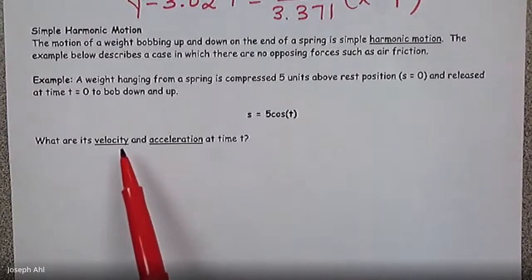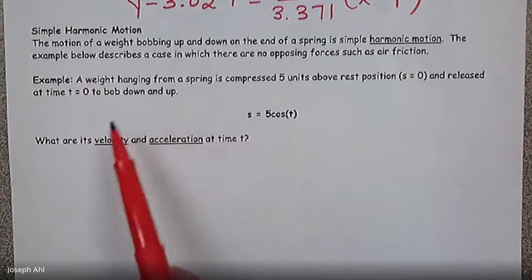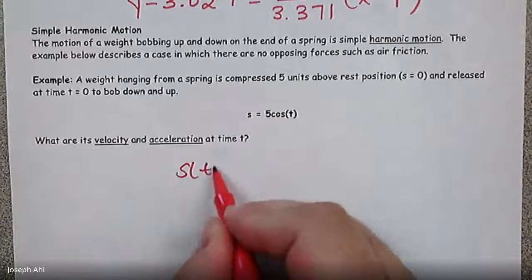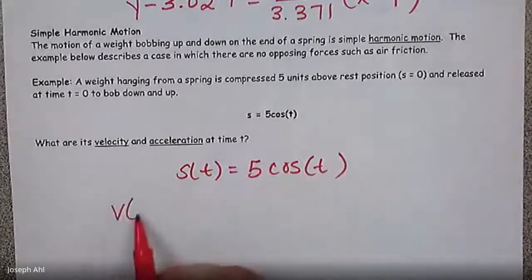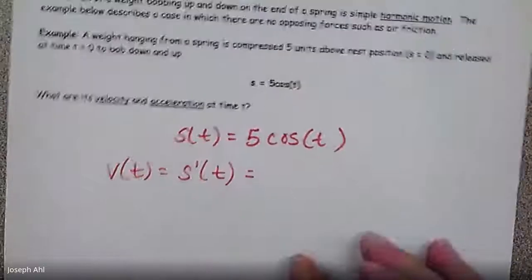We know velocity is the derivative of position. We know acceleration is the derivative of velocity, right? And now that we know trig derivatives, we can actually answer this question. So if we know that s of t equals 5 cos t, we should know that v of t is equal to s prime of t. Okay, the derivative of cos, remember, is just negative sine.